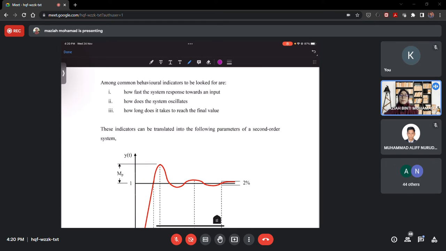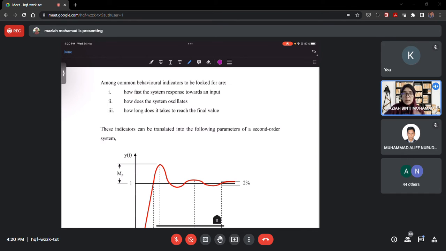So when we discussed first order systems, we said the time constant explains how fast the response of the system is, and the k value determines the final value. In a second order system, we have three indicators that we want to study. The first one is how fast the system responds toward an input.